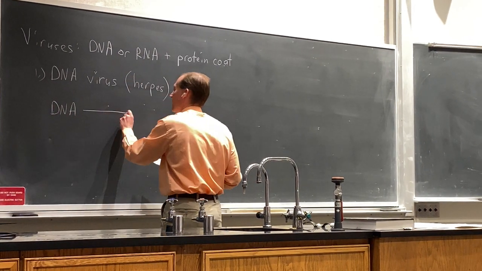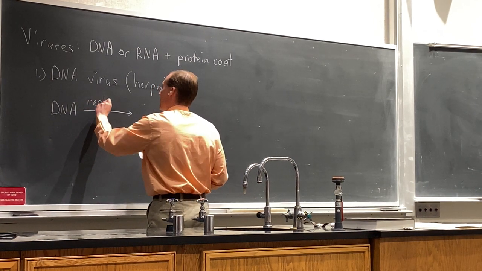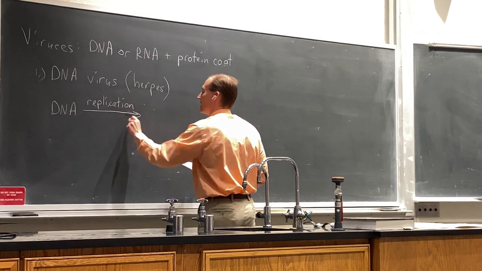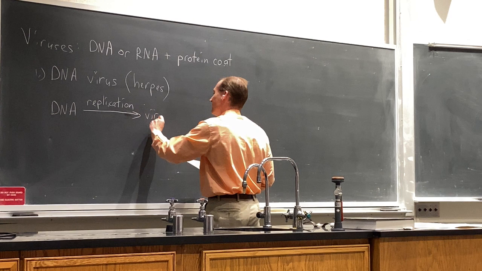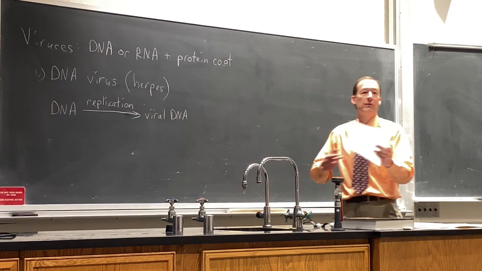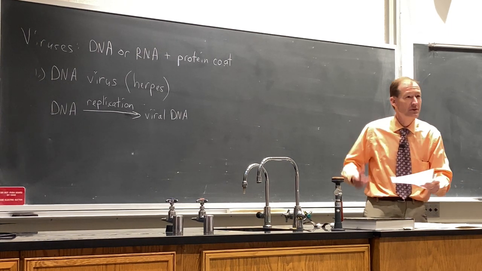is going to undergo two processes. It is going to undergo replication, and that replication is going to make more viral DNA. And of course, that new viral DNA is going to get encapsulated by the proteins that are produced.